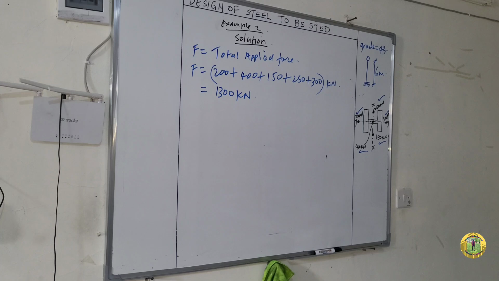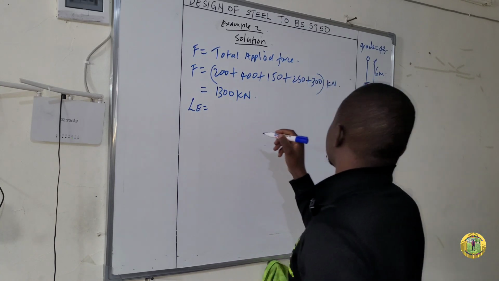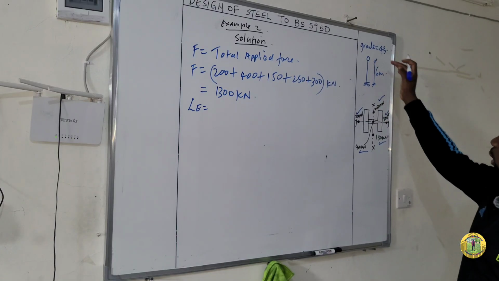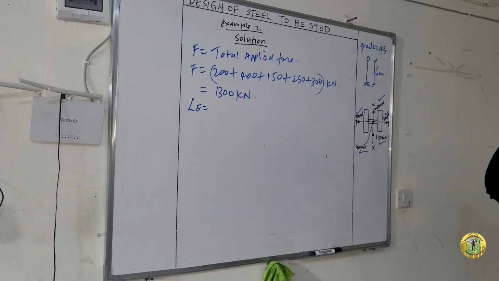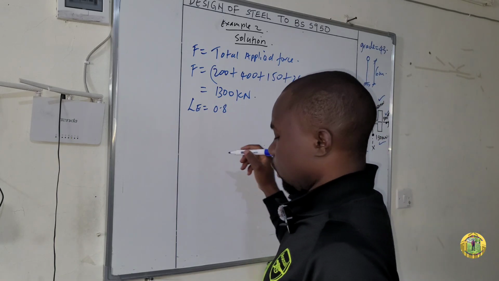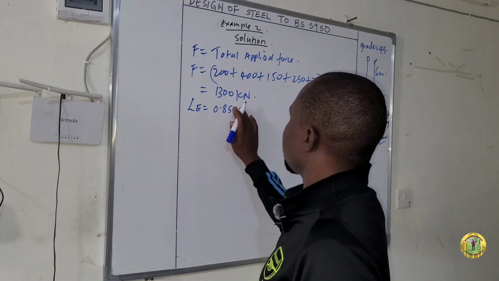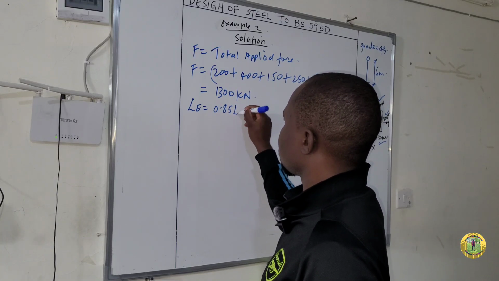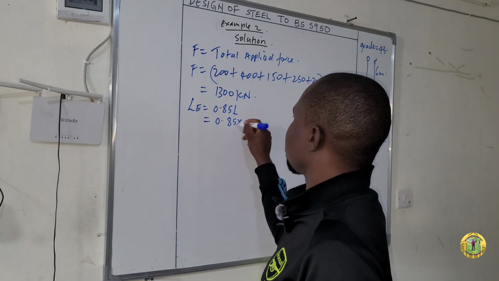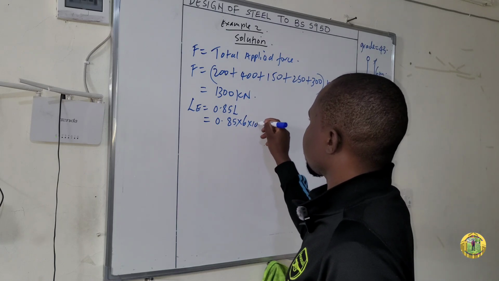So effective length, LE, is equal to, because this column is pinned at one end and fixed at the other end, the formula for LE is 0.85L. So L is the overall length. So this will be 0.85 times 6 meters times 1,000.